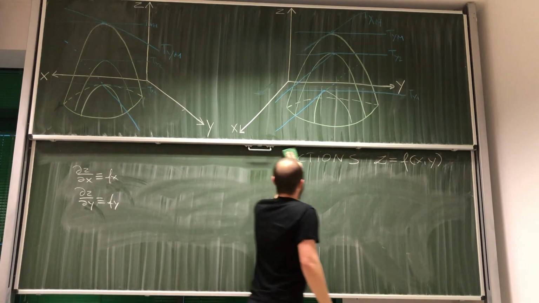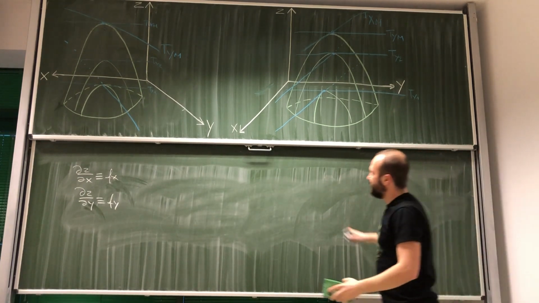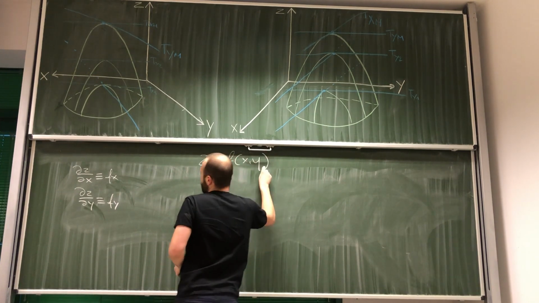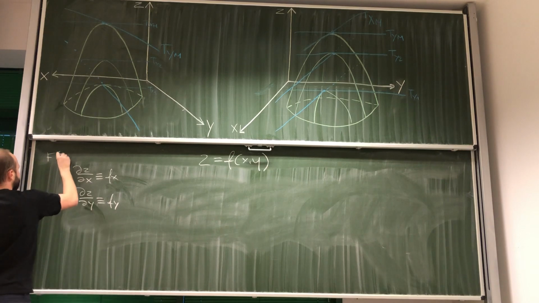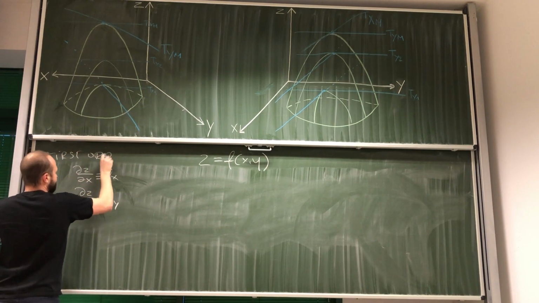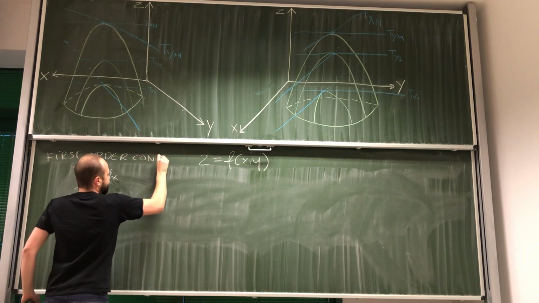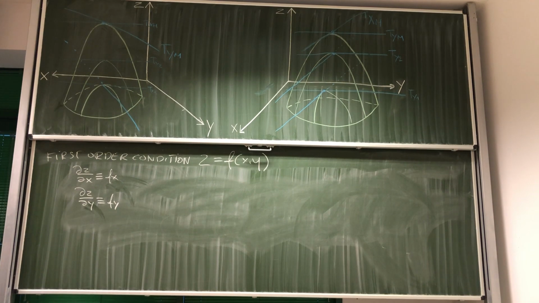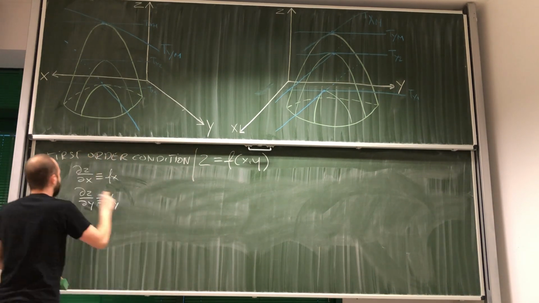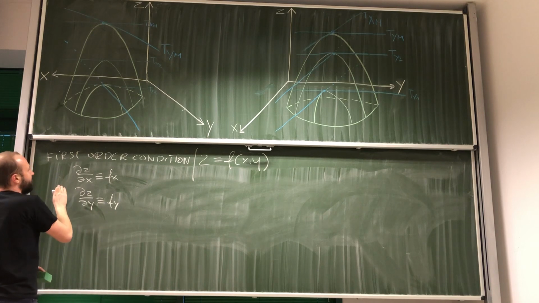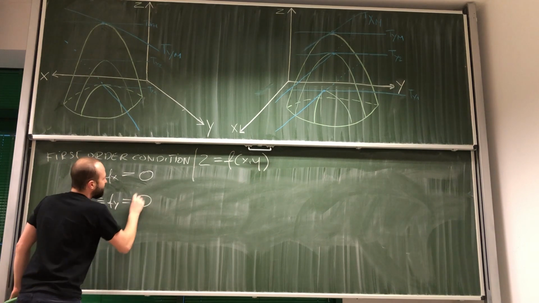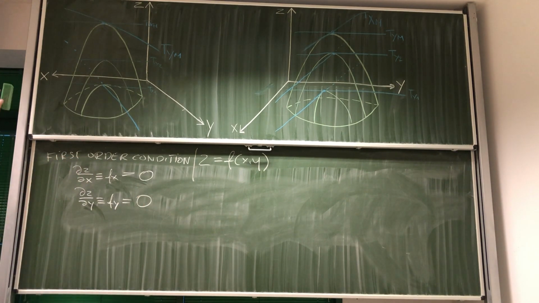If we have a 3D function given by z equals f of x, y, then the first order condition requires both first partial derivatives to be equal to 0 at that particular point.